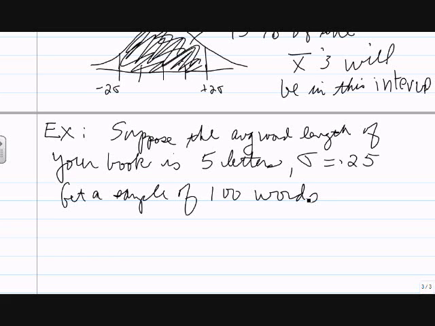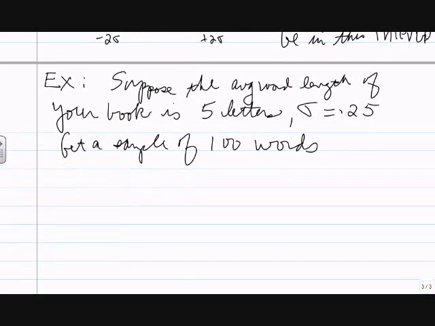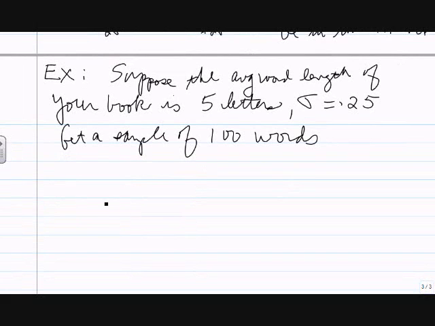Now, the sampling distribution is every single possible sample of 100 words. And you're just going to get one of those samples for right now. We'll go get another one in a minute. Let's describe the sampling distribution.